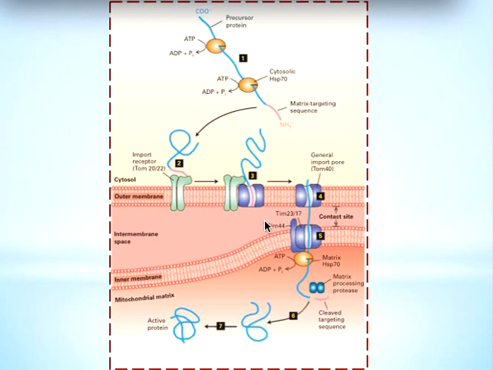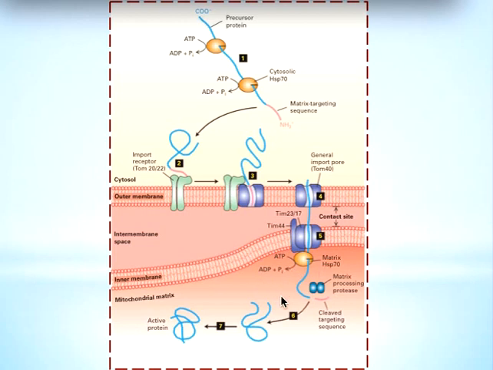And this TIM stands for translocon of inner membrane. As a consequence, this polypeptide now gets entry into this particular translocon protein present on the inner membrane of the mitochondria. This polypeptide is now pushed through the translocon protein at the expense of ATP.